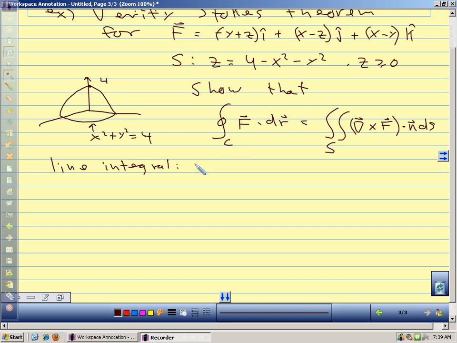So for our line integral, our curve C is x squared plus y squared equals 4 in the xy plane, and z equals 0. To evaluate our line integral, we need to parameterize our curve. How do we want to parameterize this? Polar coordinates.